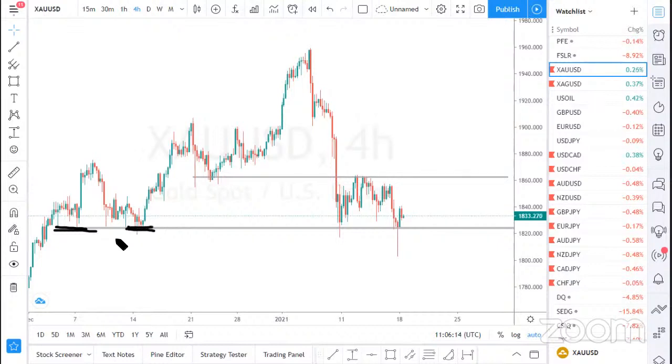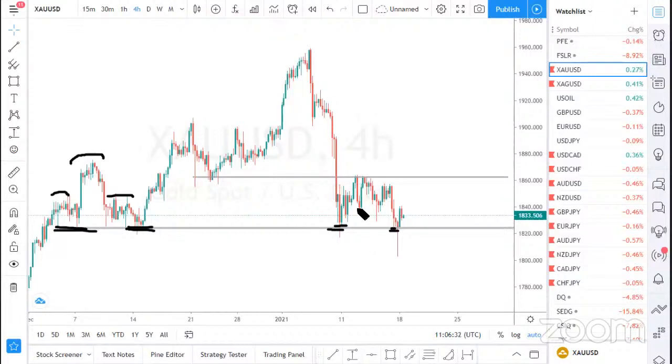The head and shoulder formation, which was being carved right here, failed, and then the bullish rally continued. We got a retest of this level once again, and price actually retested this level once again.